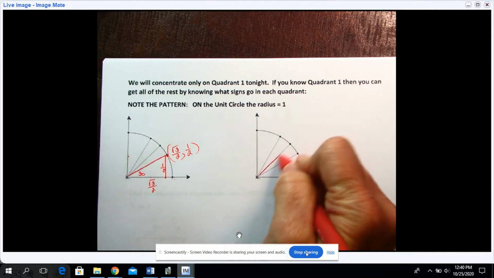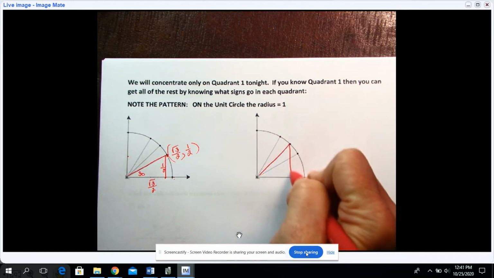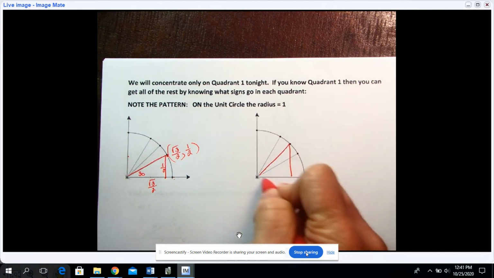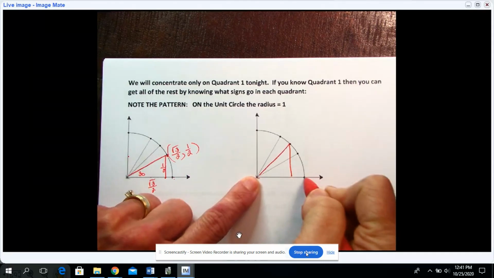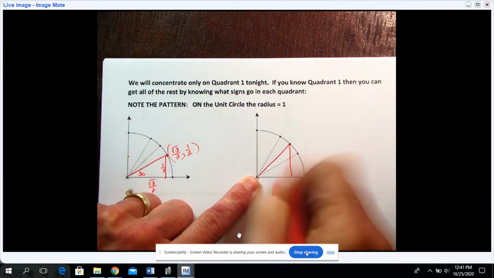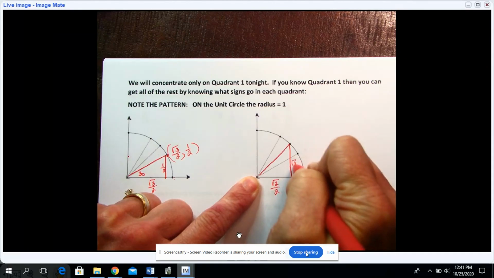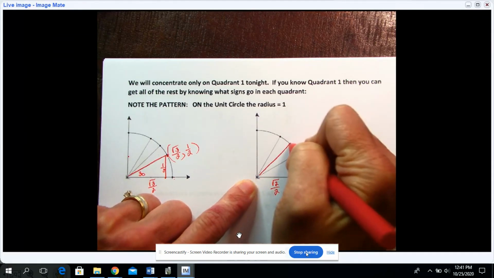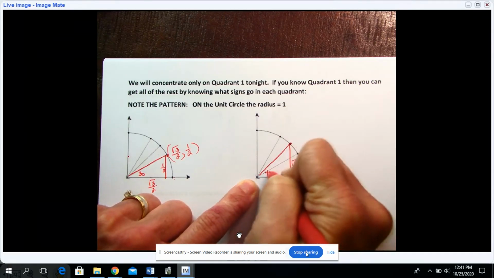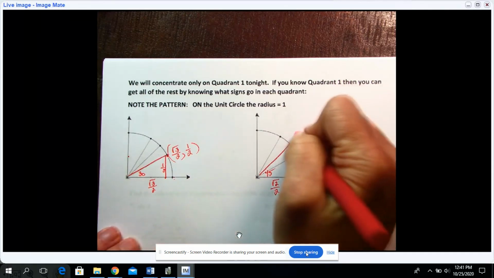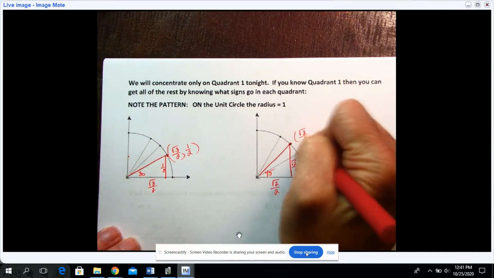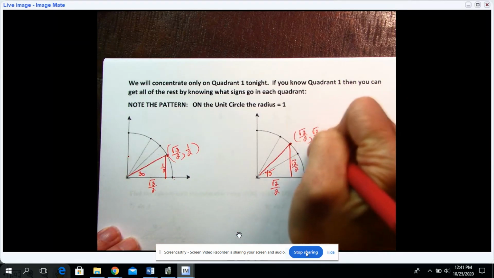If we go 45 degrees, then if this is 0 to 1, this length would be square root of 2 over 2, and this height would also be square root of 2 over 2. So the coordinates for 45 degrees would be square root of 2 over 2, square root of 2 over 2.